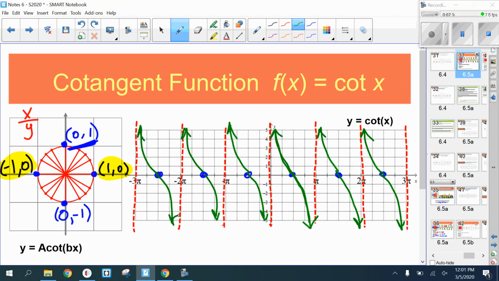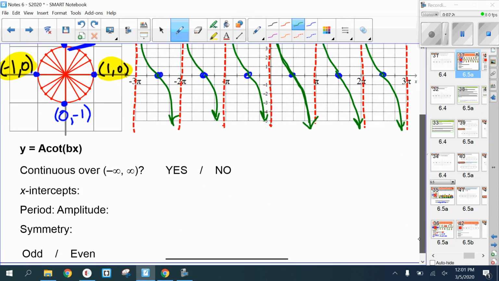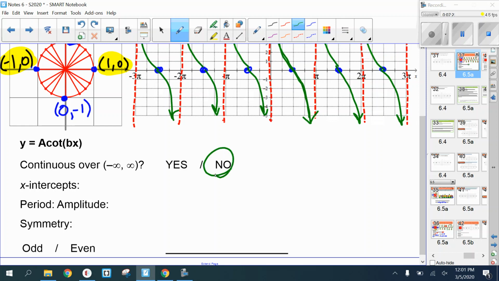I see 6 full periods of a cotangent graph on the screen. Continuous, nope, it has asymptotes. X-intercepts, we've seen this before, but x-intercepts would be located at odd multiples of pi over 2. I accidentally scooted the amplitude over here, but period is going to be the same thing.